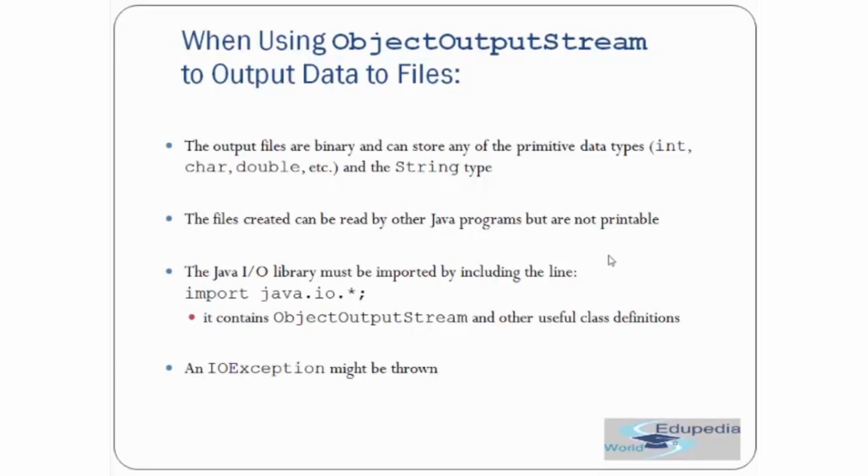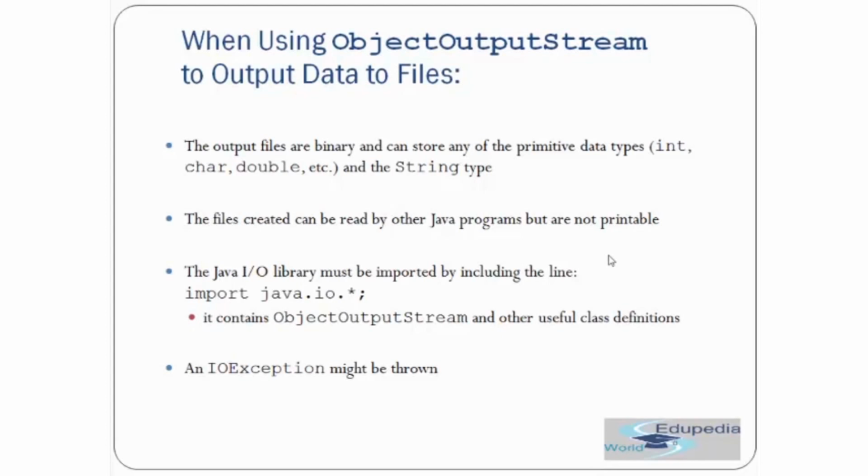It contains ObjectOutputStream and other useful class definitions. The IOException might be thrown. So this is the IO library which contains ObjectOutputStream and other useful class definitions, and the file that is created can be read by other programs, but it's definitely not printable.